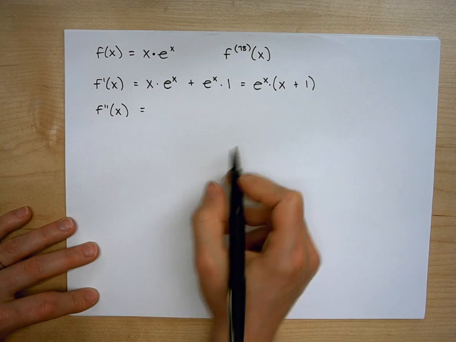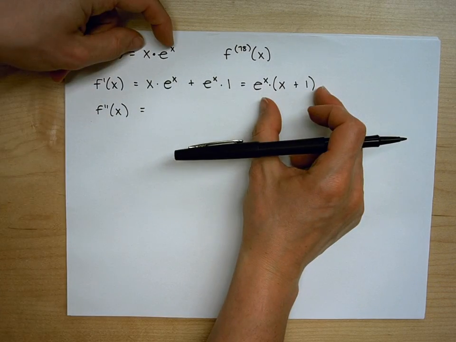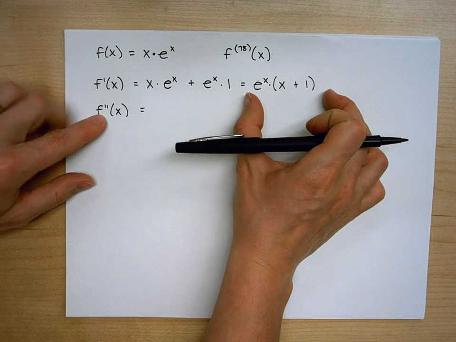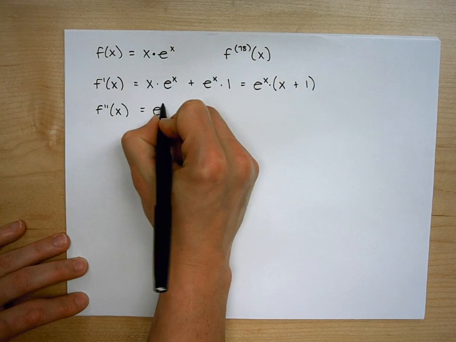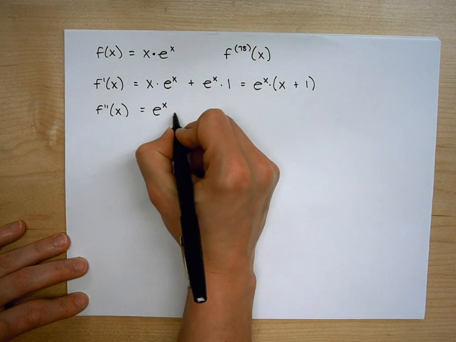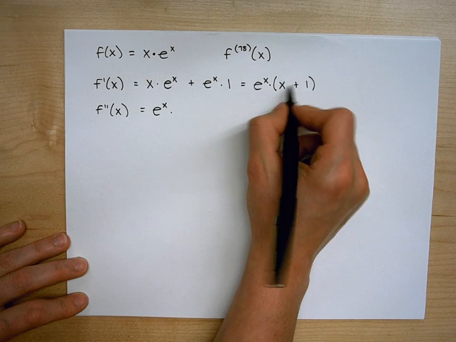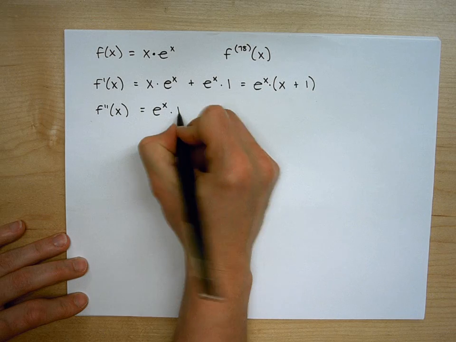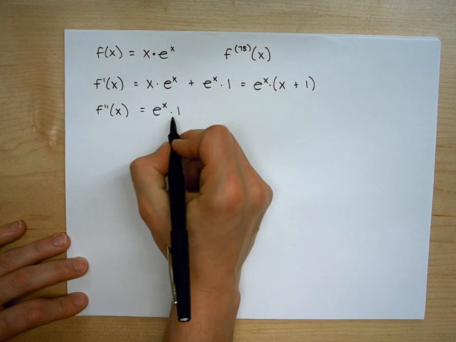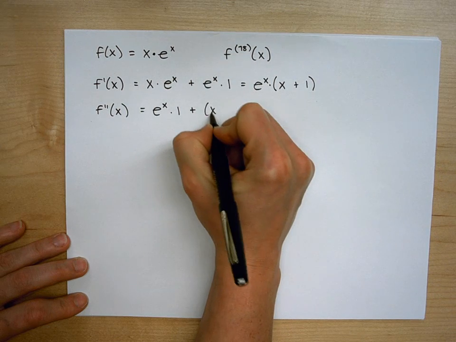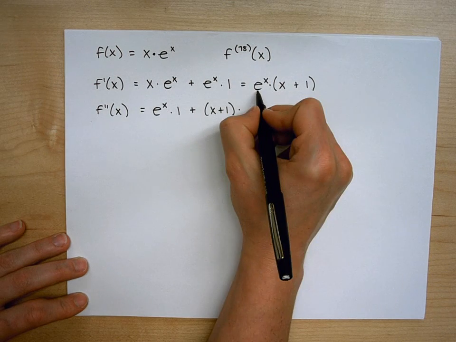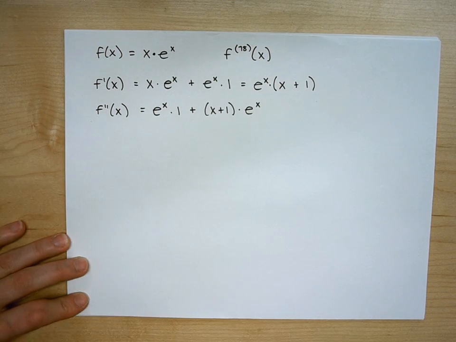So now I'm taking the derivative of not this part, but the derivative of the first derivative to give me the second derivative. So again, using the product rule, I have the first thing. Derivative of the second, well, the derivative of x is 1. Derivative of 1 is 0, so I just have e to the x times 1 plus the second thing times the derivative of the first, and that would be e to the x.